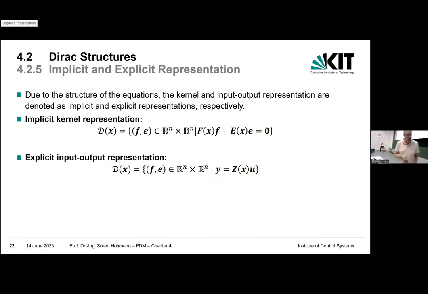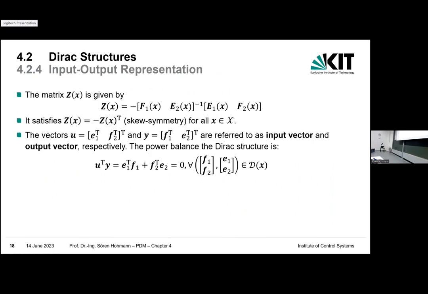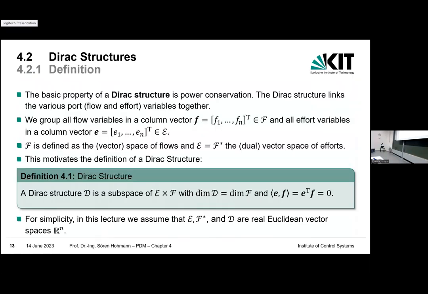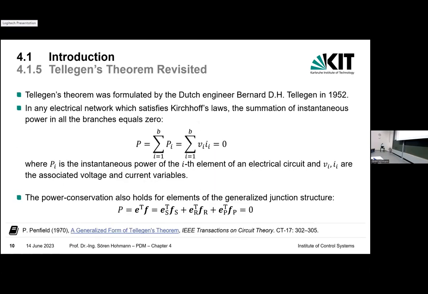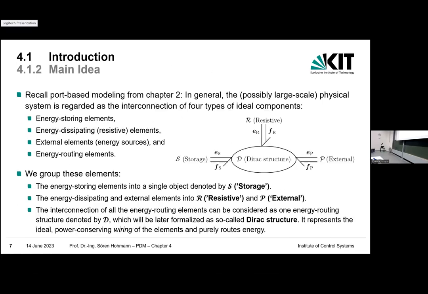Okay, so up to now, we have just the static relation of the routing structure. Remember this diagram from the very beginning, last lecture. We have not included resistor ports, external elements, and storage elements. So now it's time to include everything and group it all together, so that they act on the Dirac structure.